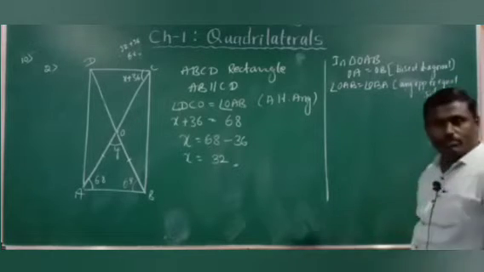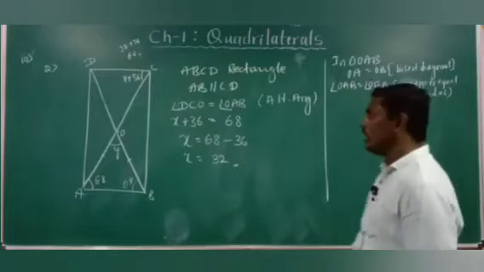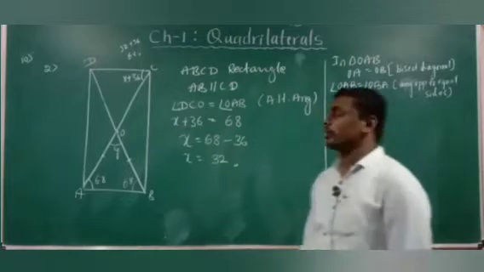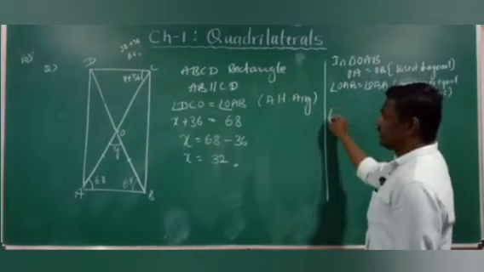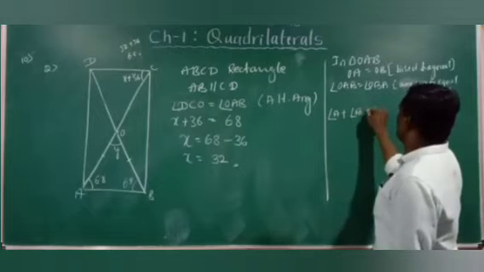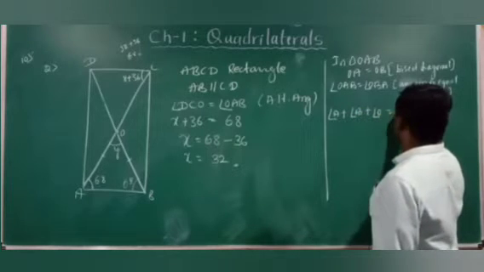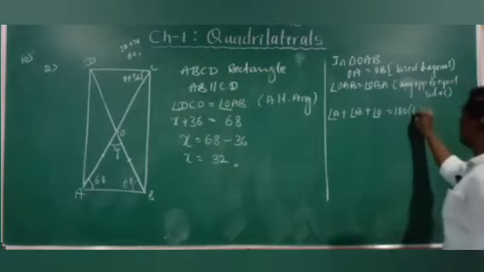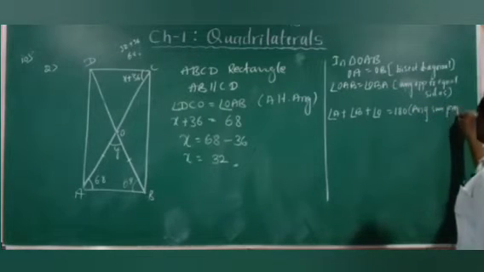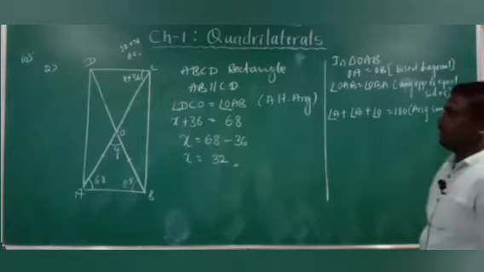Therefore, by using the angle sum property of a triangle, angle A plus angle B plus angle O is equal to 180 degree. Reason: angle sum property of a triangle.